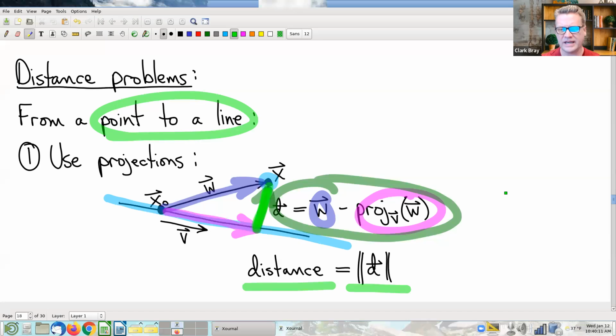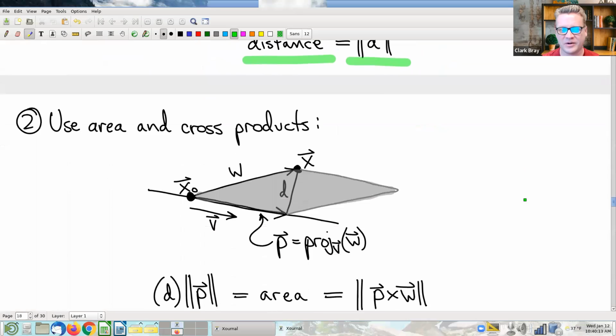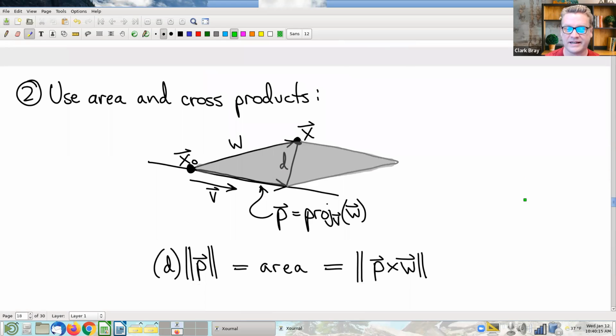Alternatively, and now here's a really more clever way to do it, and I think this is lovely, and it's very worth thinking about, and it could be useful for you at some point. Who knows?